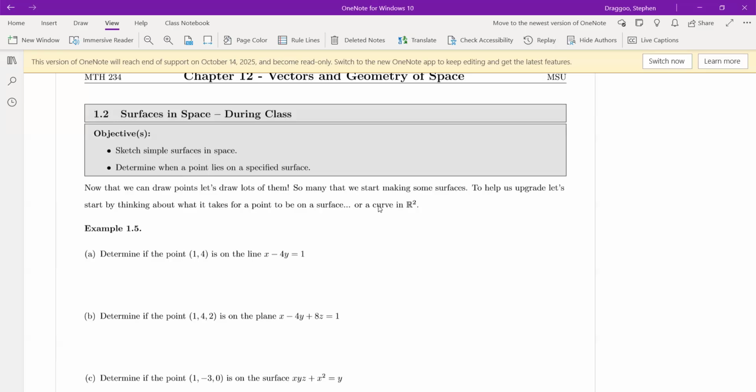One more equation. Let's graph z equals y squared in 3-space. I just want you to give me the coordinate axes again. If I want to draw the equation z equals y squared, it'll look an awful lot like y equals x squared.